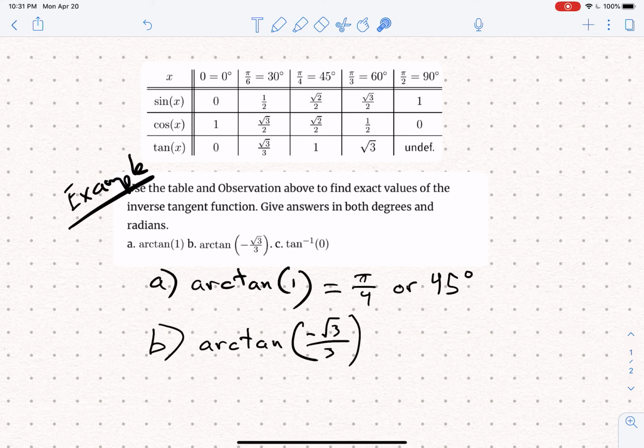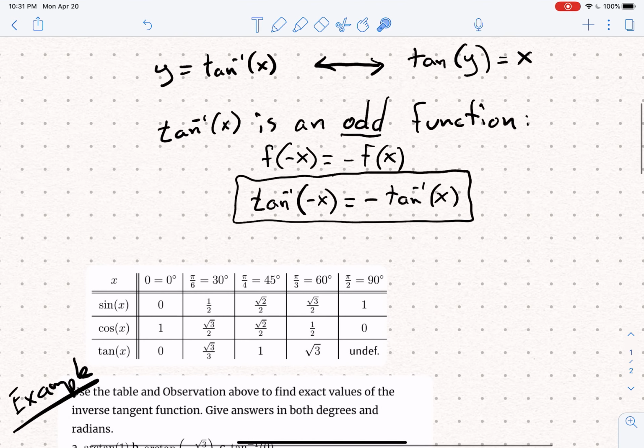But what we know is that the tangent is an odd function, that is to say, if you have a minus on the thing that you're plugging in, that's equal to what you get if you just move that minus out in front. That's the negative of the arctangent of radical 3 over 3. This is using the observation just above.